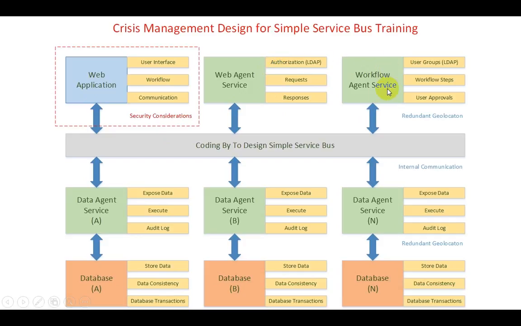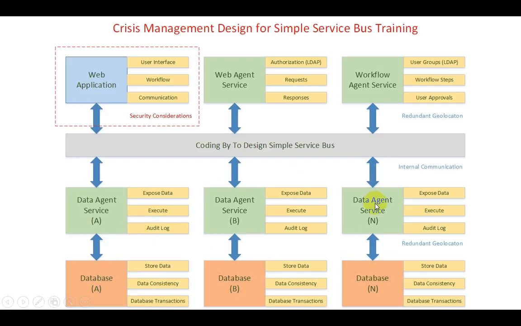The workflow agent service is responsible for user group checking, like validating if a user is a manager or a volunteer or an employee or something like that. Then you have some workflow steps and user approvals for the workflow elements. And the web agent communicates with data agents, and this is a solution for redundancy, where a data agent can expose data for some services, execute commands, and of course audit log everything in the database.